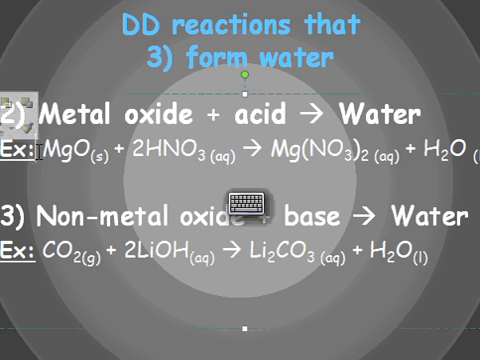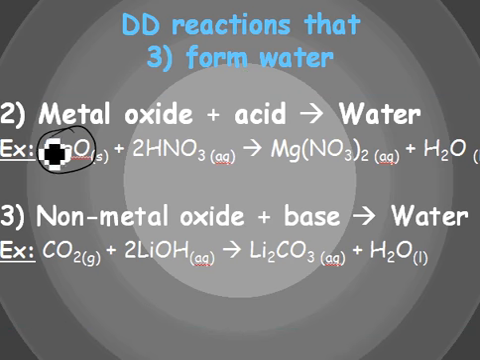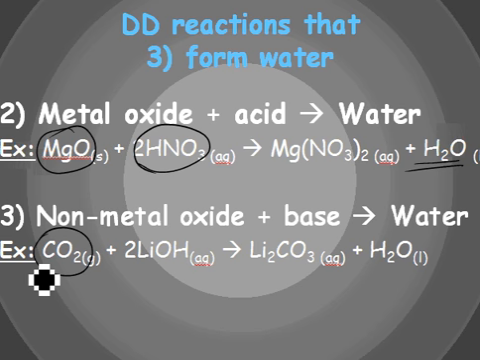You have your metal oxide, okay? You have your acid to produce water, and you can have your non-metal oxide and a base to produce water. So this is just a real quick recap of aqueous solutions and reactions that can happen with them.